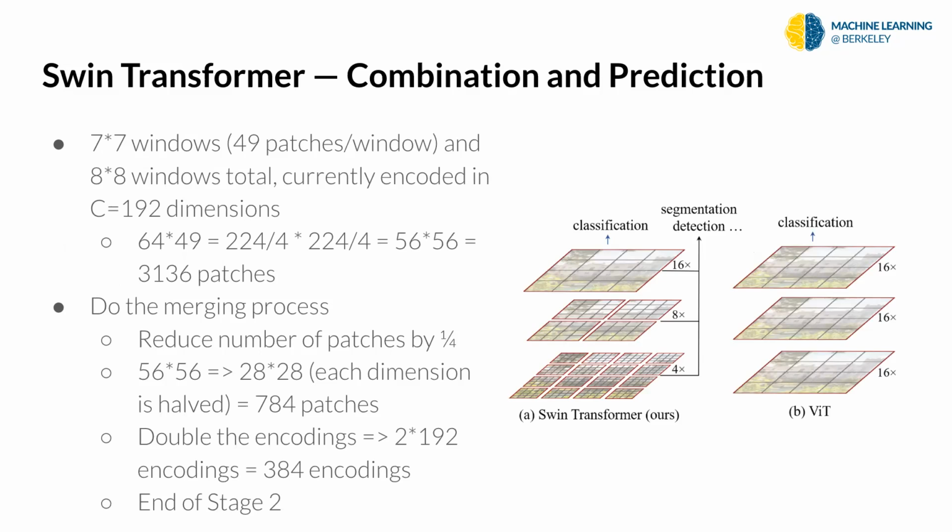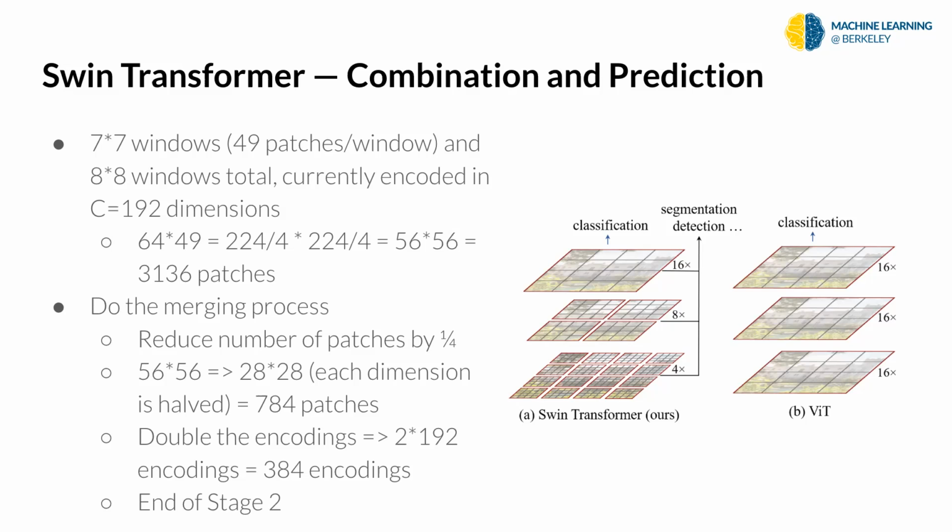So if we initially start off with some 8 by 8 thing, each one of these is 7 by 7. This goes from 8 by 8 to then being reduced as our patches are merged to maybe 4 by 4 to 2 by 2, but the number of windows goes down quite a bit, right?